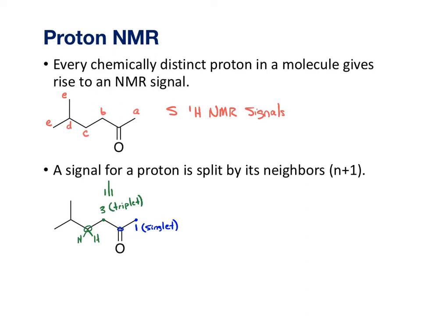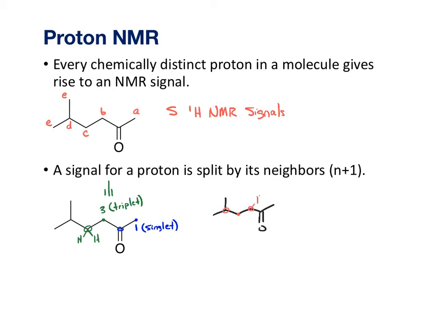Next, let me redraw this so we're not writing on top of things we've already done. Let's look at the signals for this proton. So you want to look at the neighbors. We have a neighbor here, a neighbor here.